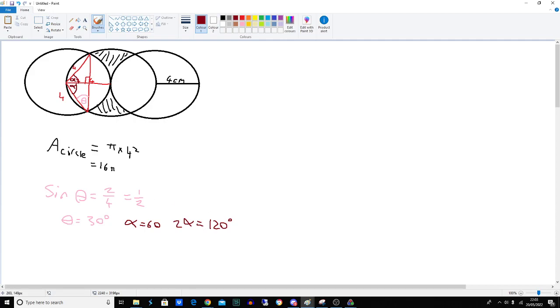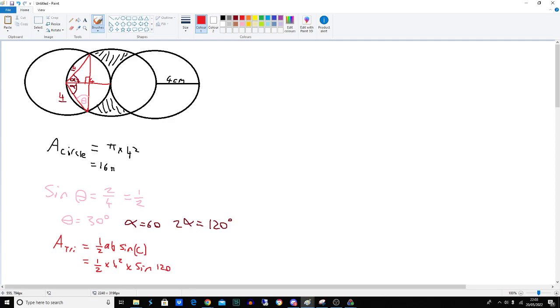Okay, so now that we know what the 2 adjacent angles are going to be, the area of the triangle, let me do this in red, is equal to a half AB sine C, where A and B are both 4. So this is a half times 4 squared times sine 120.